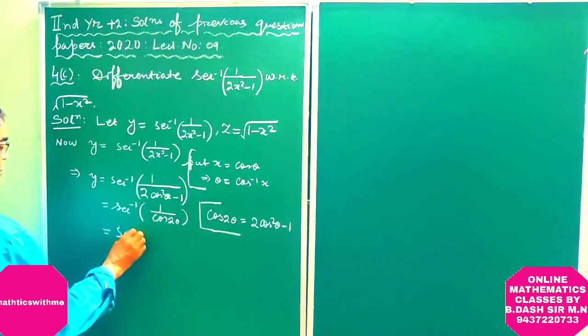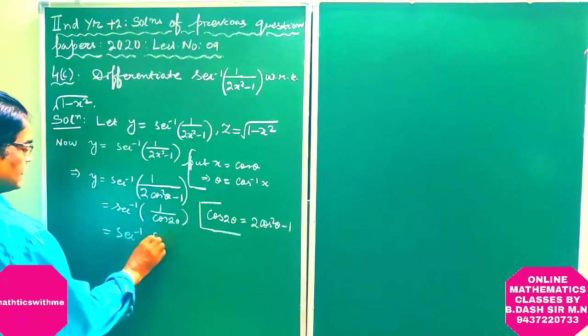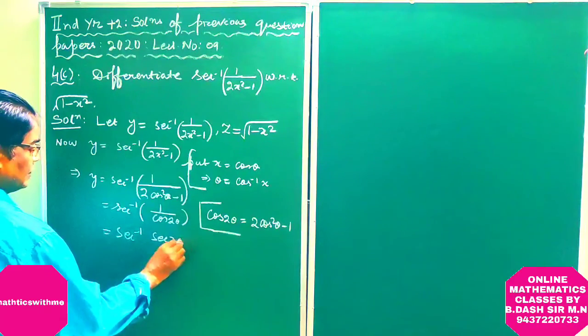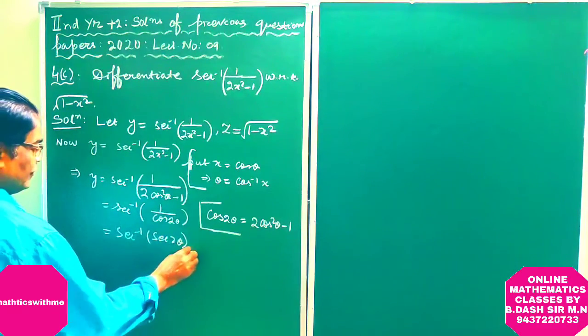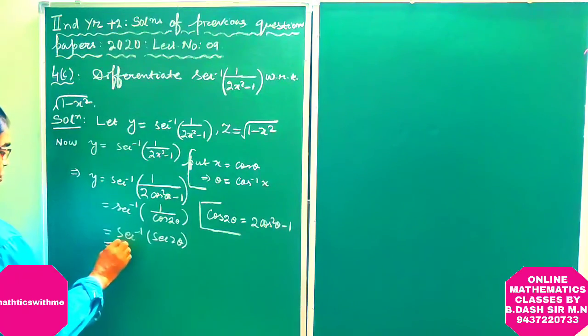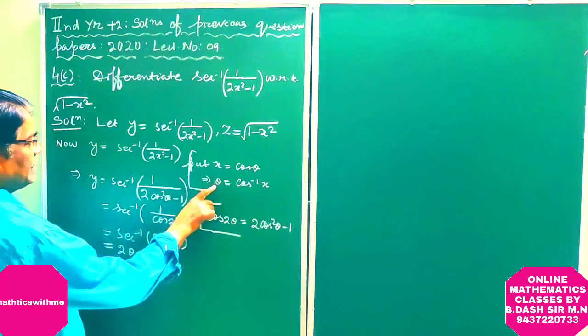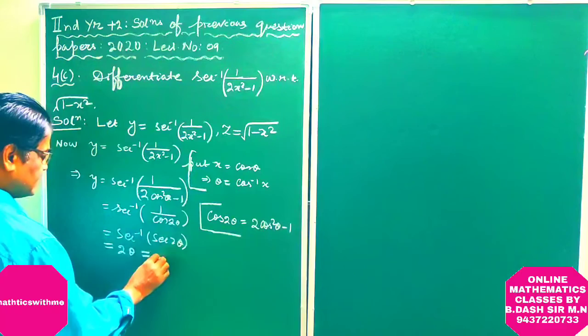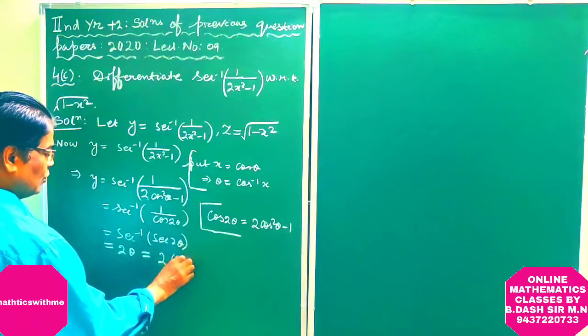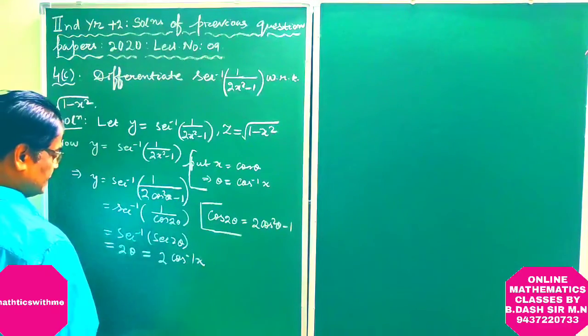This is equal to sec inverse of sec 2 theta, which is equal to 2 theta. Now theta is equal to cos inverse x, so we can write 2 cos inverse x.